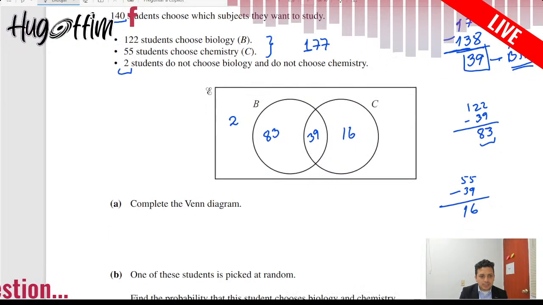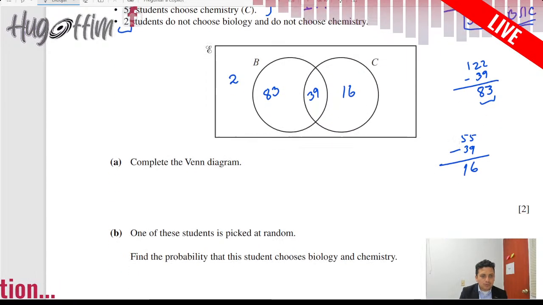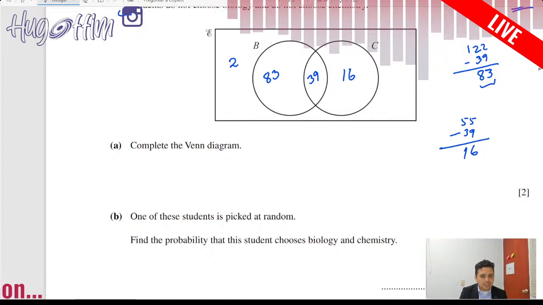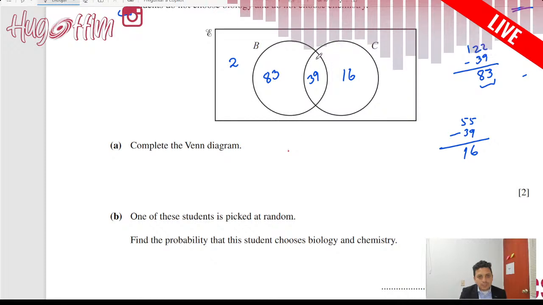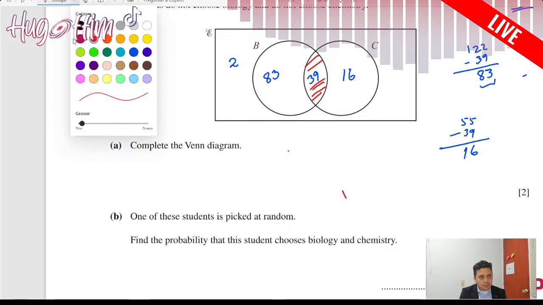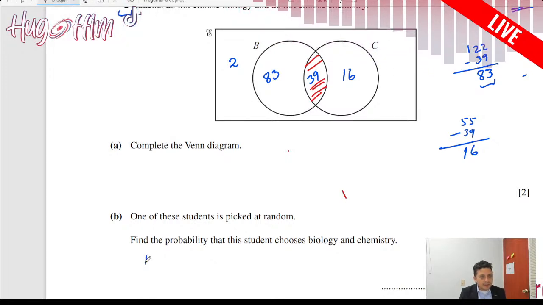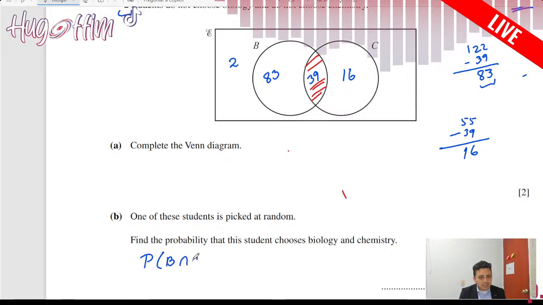And let's see what question number B says. Question number B says, one of these students is picked at random. Find the probability that this student chooses biology and chemistry. So biology and chemistry refers to the intersection, to this region. The question is just asking the probability of biology intersection chemistry.